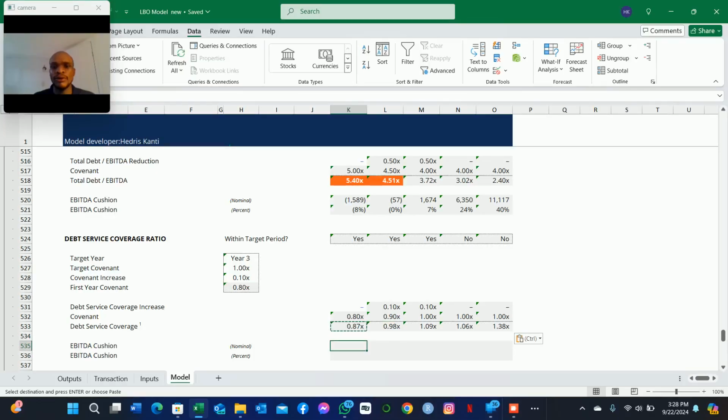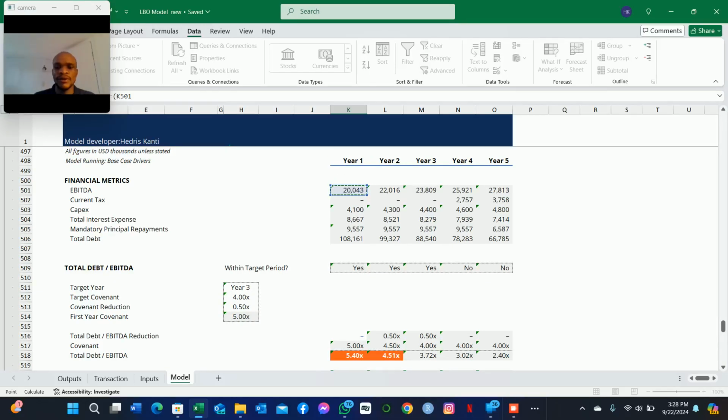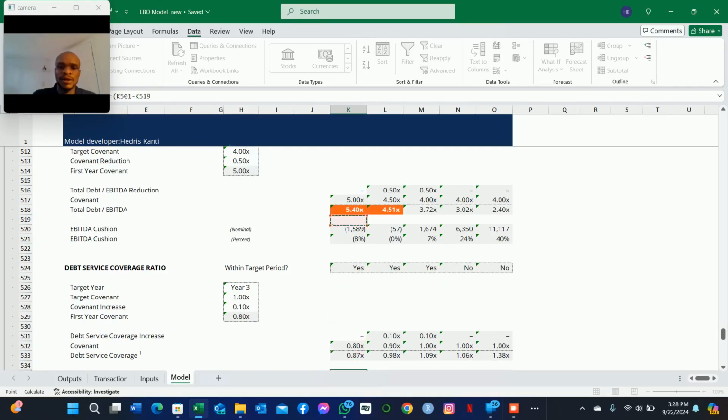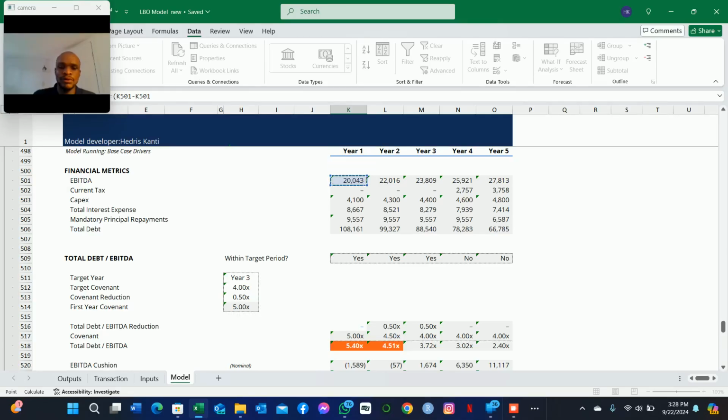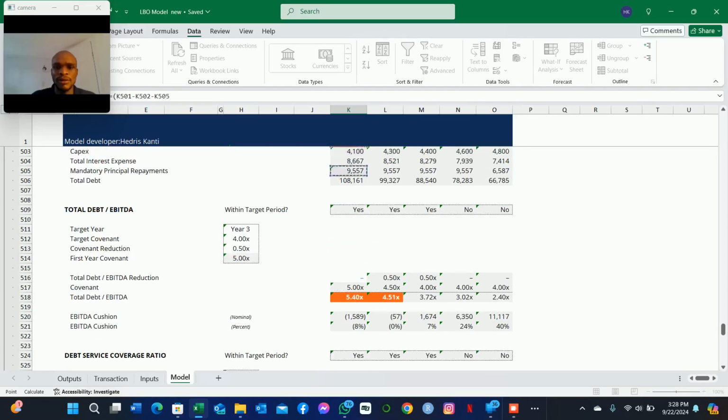Going forward, to calculate the EBITDA quotient, it's going to be based on another formula. It's going to be equal to, open the bracket, we take whatever the EBITDA was, but in this case it's a very strict covenant, so we take EBITDA, we deduct the cash taxes, and also we deduct the capital expenditures.